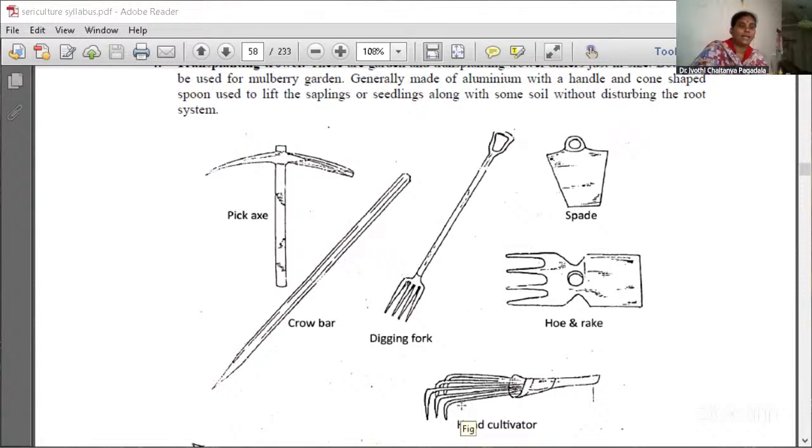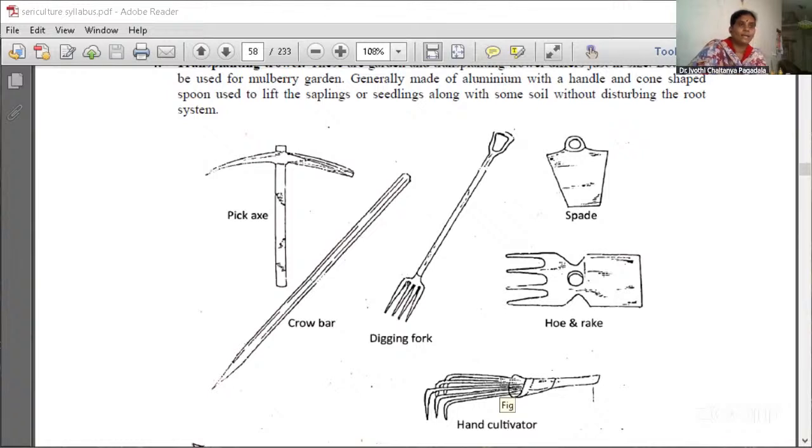It is an iron implement with five prongs, which look like fingers, curved in shape and pointed at the free end. All these prongs are held tightly to a handle. Here you can see the handle. It is similar to our hand.